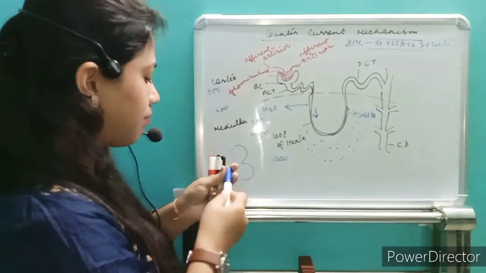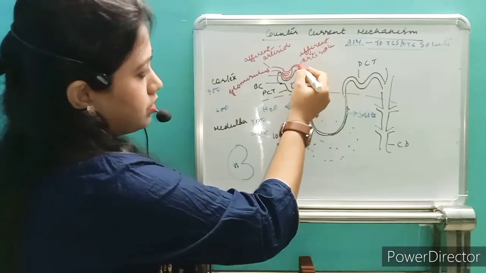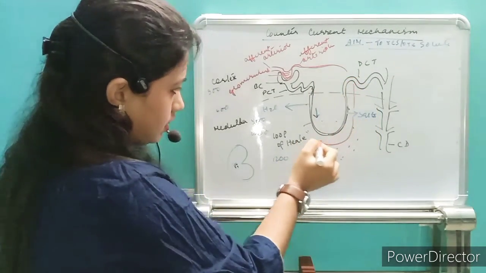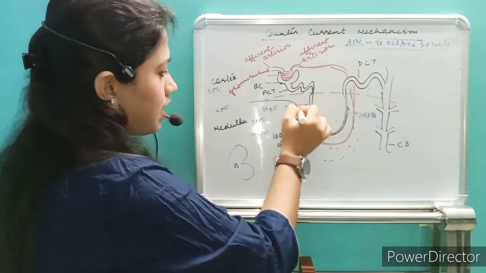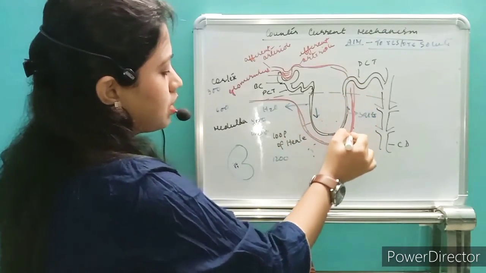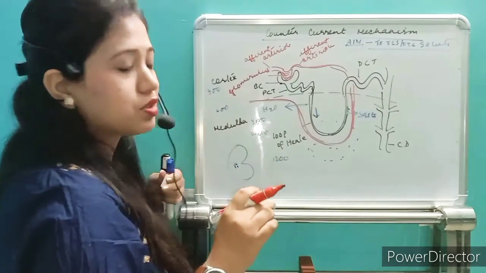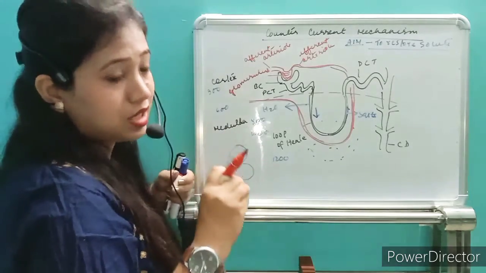A similar thing will happen for the efferent arteriole. Just see, suppose the efferent arteriole is like this. So this is the efferent arteriole. What is happening in the efferent arteriole is that whenever it is moving in this direction, it is possible some solute will enter. This will be in the opposite direction.